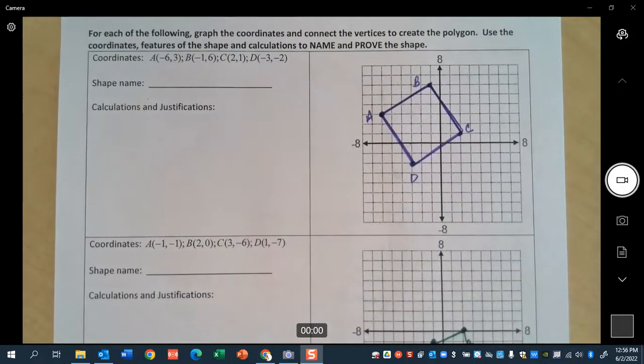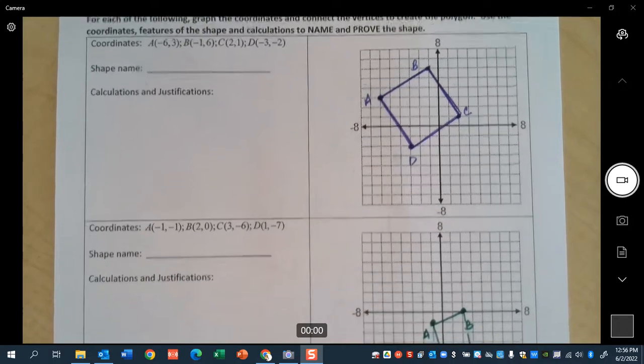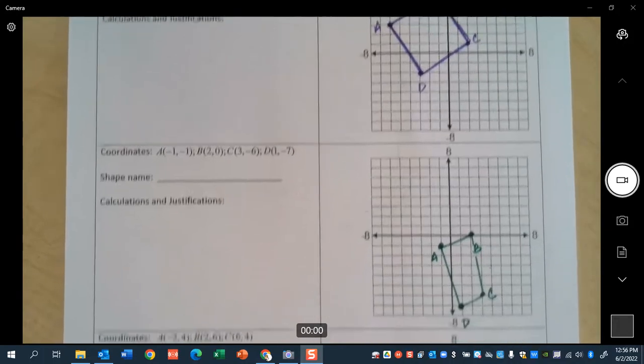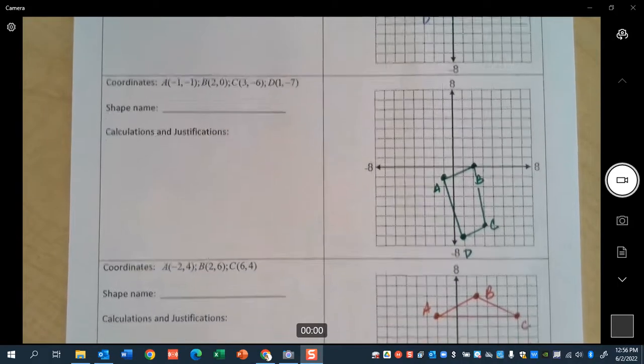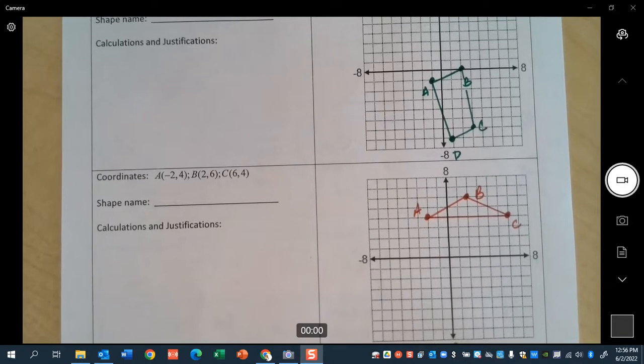All right, so a couple things. What a difference it makes when you use a straight edge, because the shape might appear to be something, but not necessarily. So what I want you to do is double check your shapes with me right now. Make sure you're in the right quadrant. And we can probably make pretty good guesses about what these shapes might be. But here's the deal.